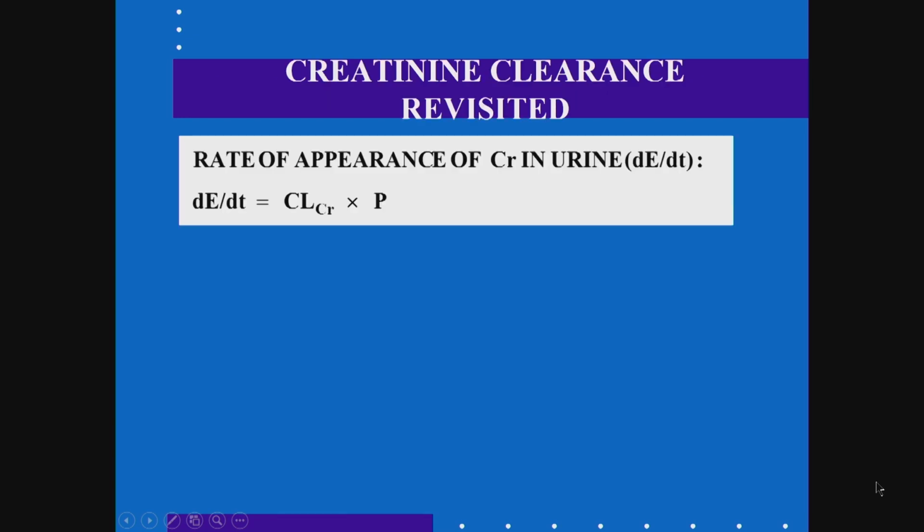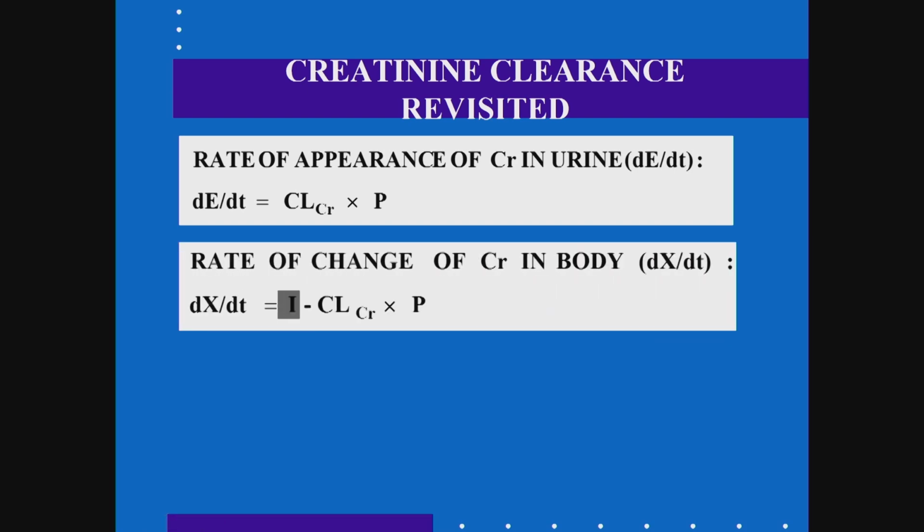Now, let's look at this again and think about the rate of appearance of creatinine in the urine, the excretion of creatinine, dE over dt. And now this is equal to the clearance for creatinine and the plasma concentration at that time. So again, that equation that we had before is really a differential equation in disguise.